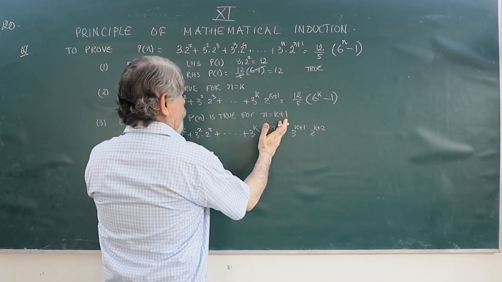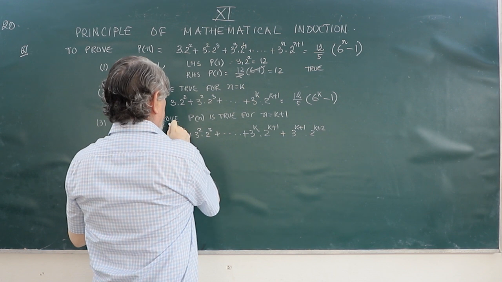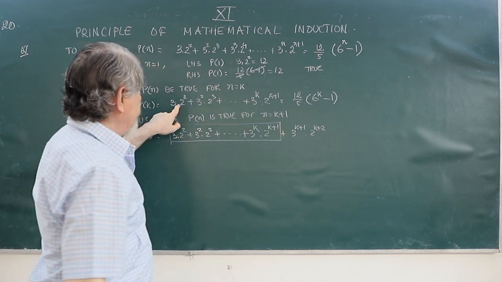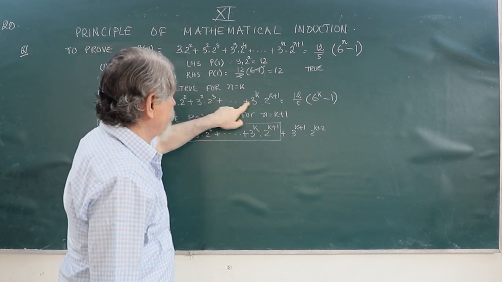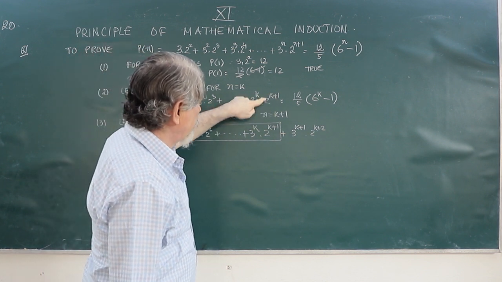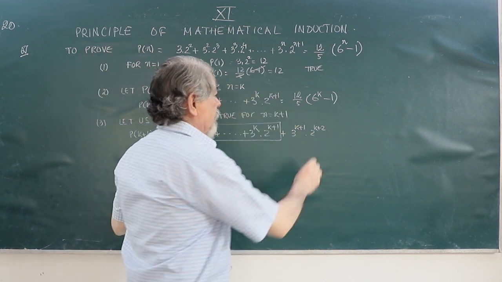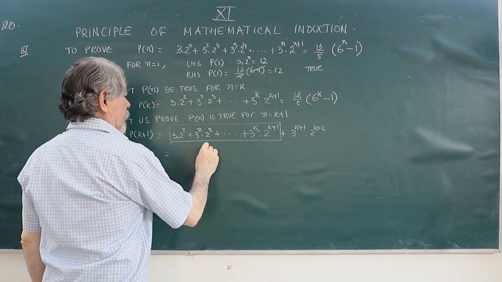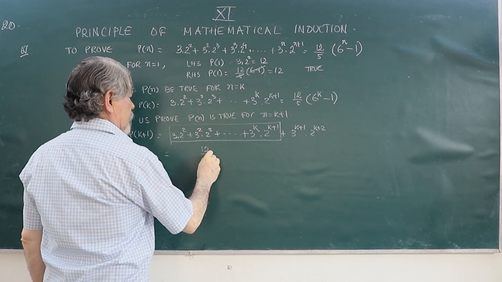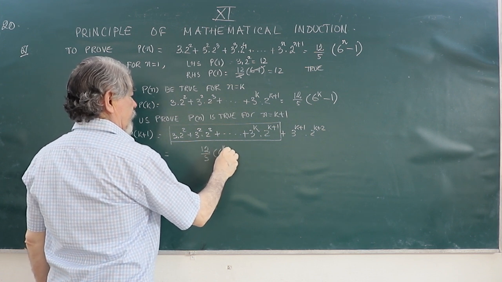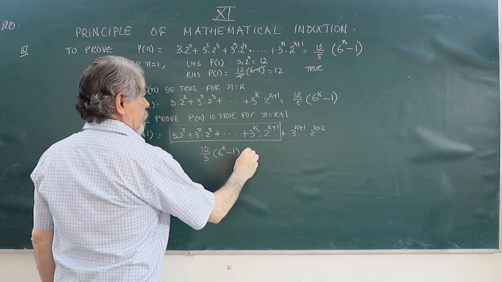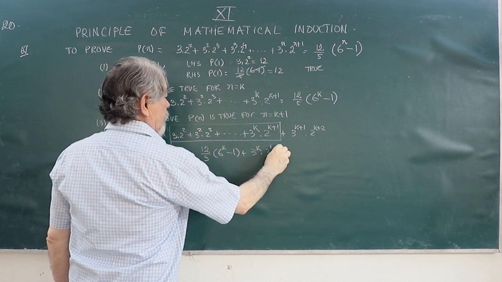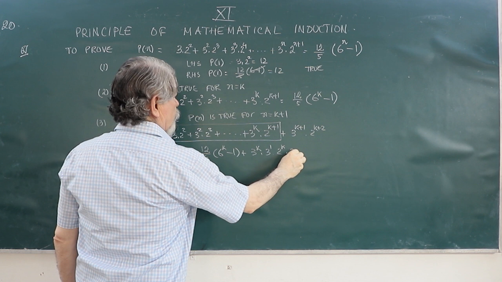And this portion already I know. This portion we have assumed already: 3 into 2 square, 3 square, 2 cube, up to 3 to the power k, 2 to the power k plus 1 is this. So let us put the value here. 12 upon 5, 6 to the power k minus 1 plus 3 to the power k, 3 to the power 1, 2 to the power k, 2 to the power 2.